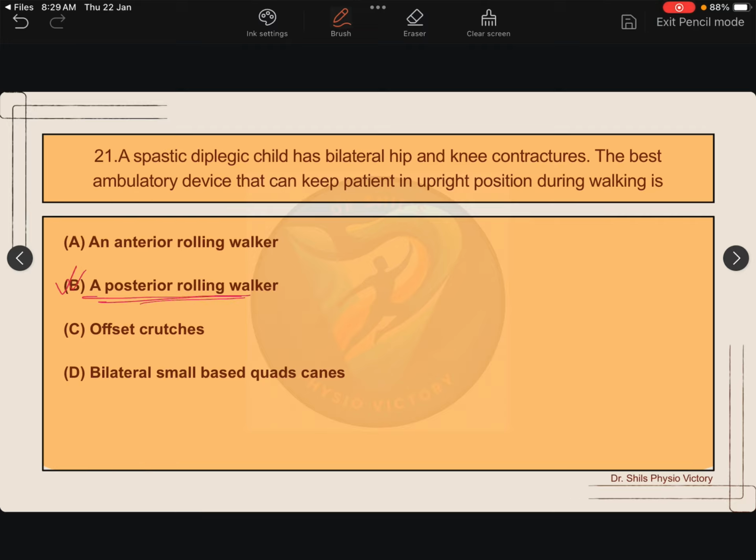Posterior rolling walker promotes upright posture and hip and knee extension. Anterior roller walker basically promotes flexion.